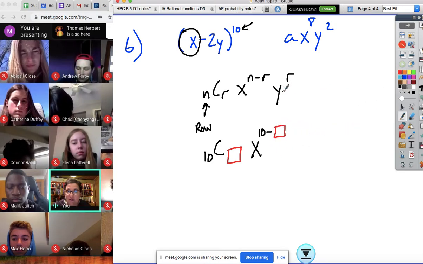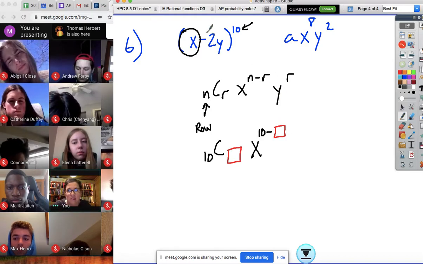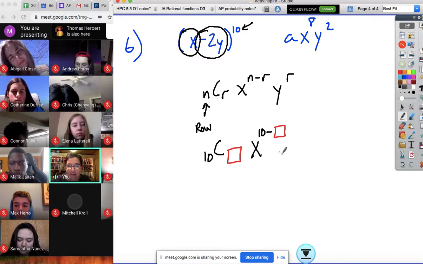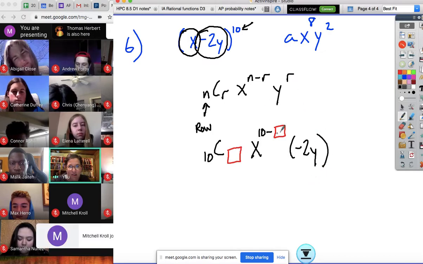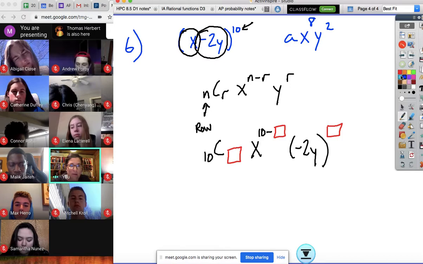Now, y in the formula is not just always a y. The y in the formula represents whatever the second thing is inside the parentheses, which in this case is a negative 2y. And that's going to get raised to the r, which is this red box that I don't know what it is at the moment, but I'm going to figure it out because I have some clues.